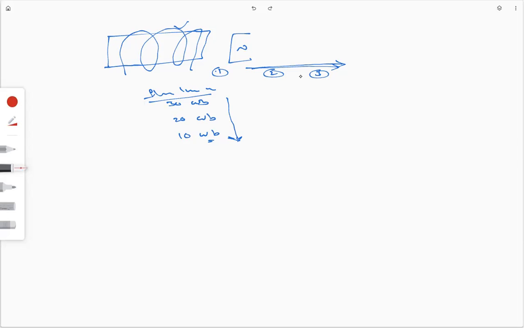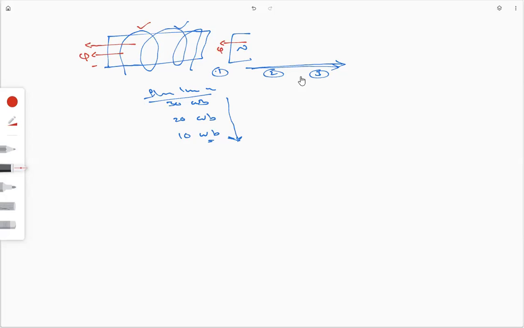Okay, in order to oppose this decrease in flux linkages, since the main field flux is in this direction, it will support the main field flux such that these two fluxes are in the same direction. Therefore, it makes sure the flux linkage does not suddenly decrease.